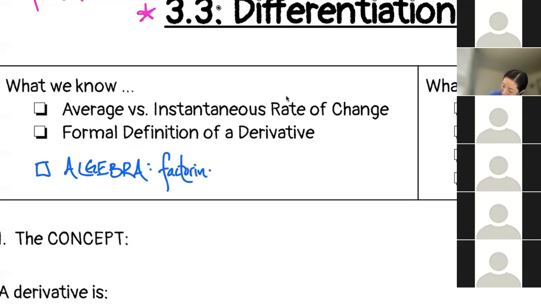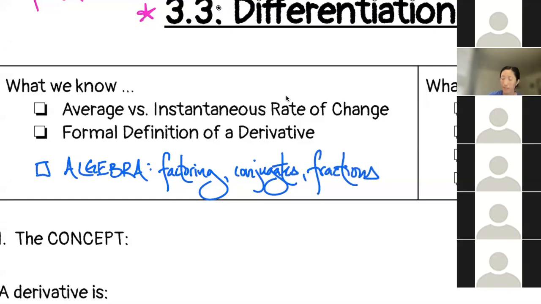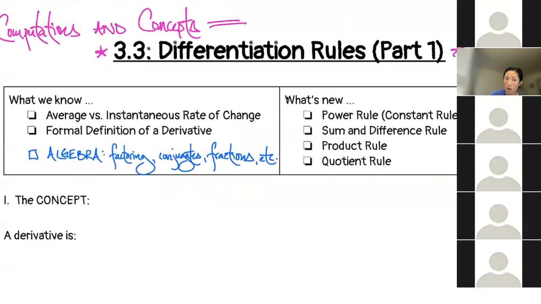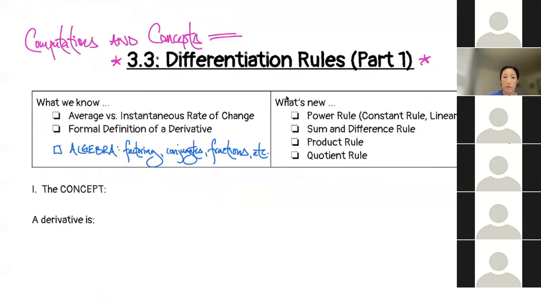Factoring definitely will continue to come up. Conjugates will definitely continue to come up. Fractions will definitely continue to come up. Those are some, not all, of the algebraic pieces that we're going to use. But if you look at any one of these, factoring, conjugates, or fractions, and you're like, I don't know how to do those, it's on you to go to the internet and find some sources to work on those skills outside of class.